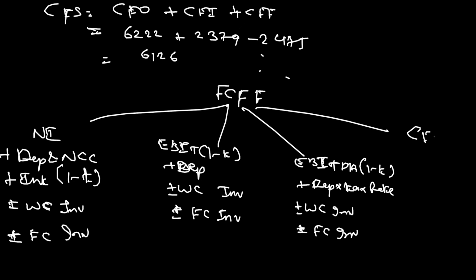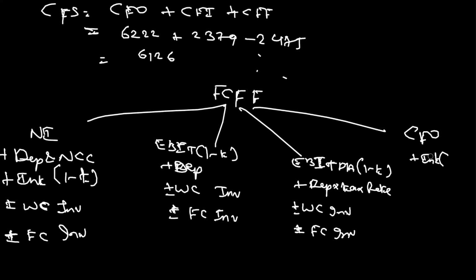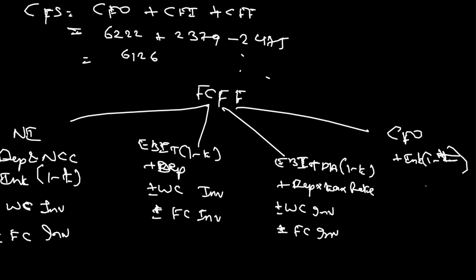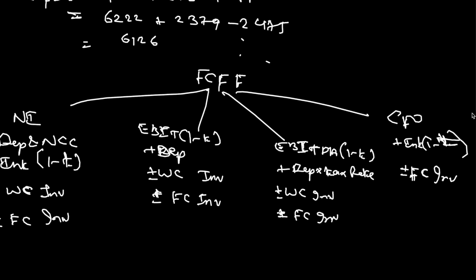Then the last one: cash flow from operations, then plus interest into 1 minus tax, then plus or minus fixed capital investments. So this is the formula.